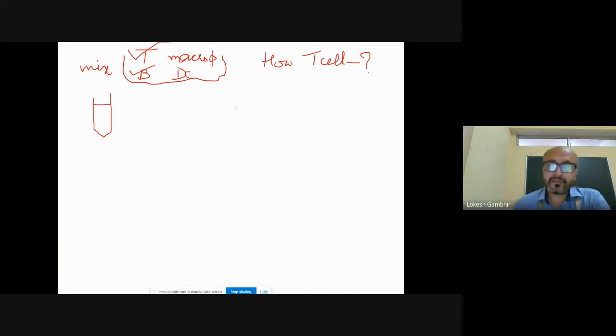Now, suppose this is a T cell. I told you that on its surface, we have a molecule called the CD3 complex. CD3 is there. We have CD4 that is specific for T helper cells, and we have CD8 that is specific for cytotoxic T cells.